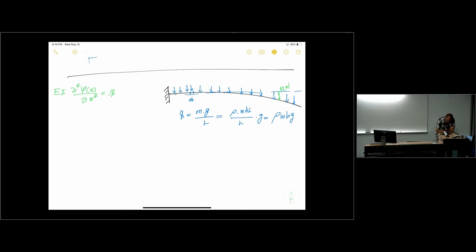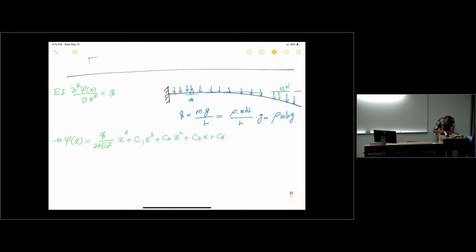But anyway, if I solve this equation, I have this for psi of x as we showed on the previous screen. So it's going to be Q over EI times x to the power of 4 divided by 24, plus, let's say, C1 x cubed plus C2 x squared plus C3 x plus C4.